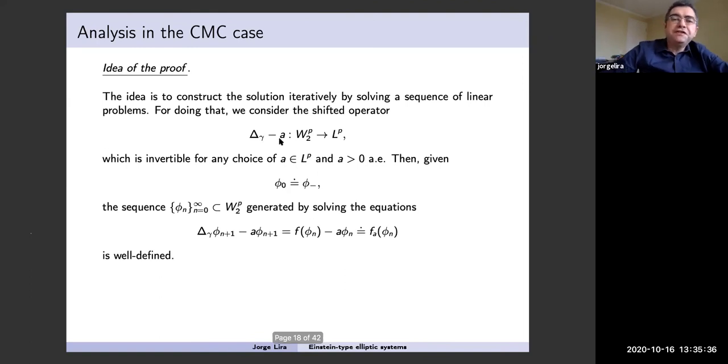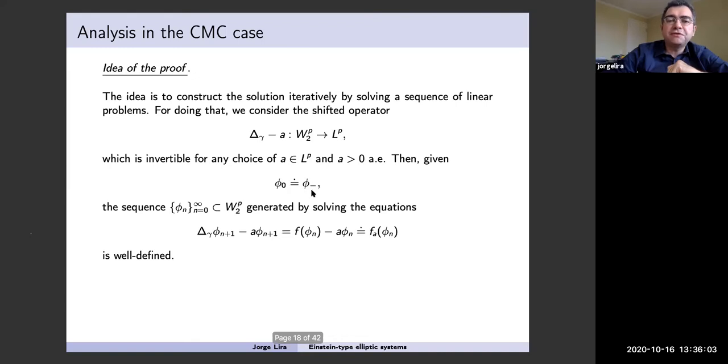So then you start shifting that operator by some A. You have the sub-solution as the first step in this iteration. So the idea is to iterate, to approximate at each iteration the solution of the problem, starting from some given initial choice of phi. The natural one is the sub-solution.